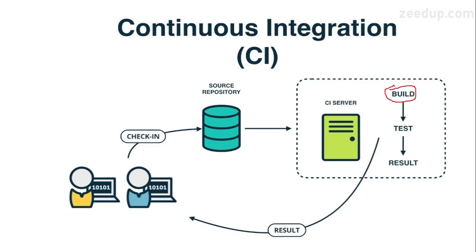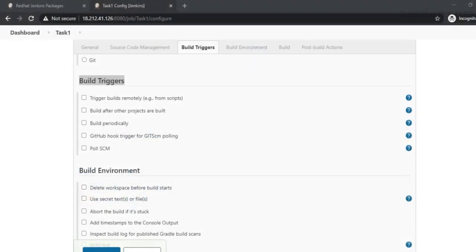I didn't actually explain what this build part is, so right now I can explain what exactly a build is. In the context of Jenkins, we are going to start the execution of our task. Once the task starts its execution, it will do whatever we have configured it to do. That means it will build up our project that we have instructed it to do.